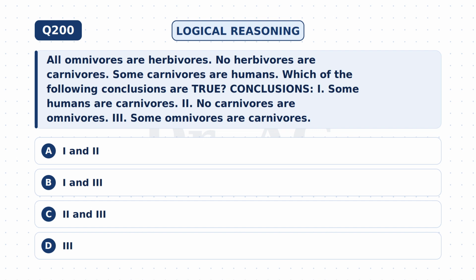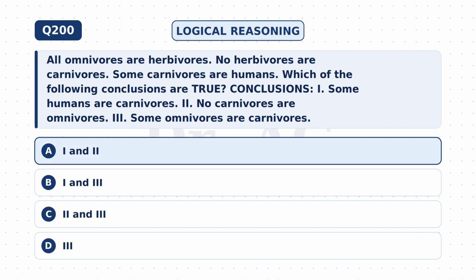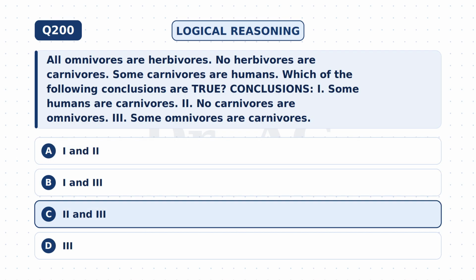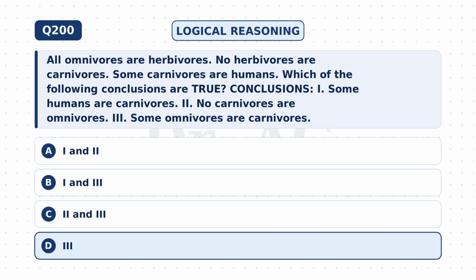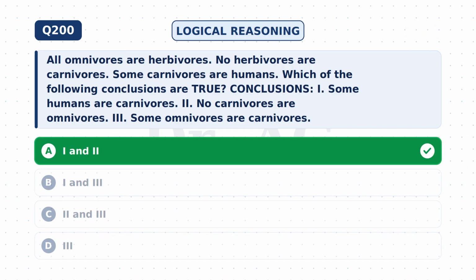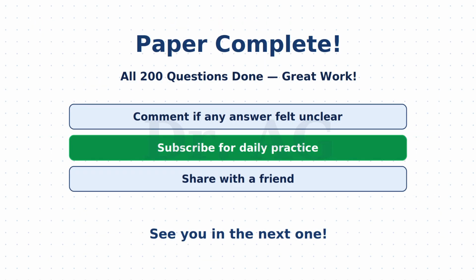Some omnivores are carnivores. Option A. 1 and 2. Option B. 1 and 3. Option C. 2 and 3. Option D. 3. The correct answer is A. 1 and 2.